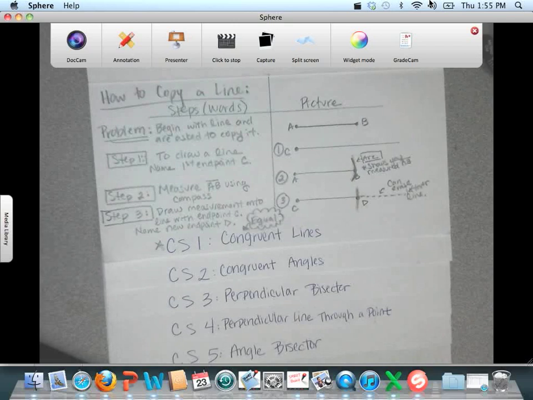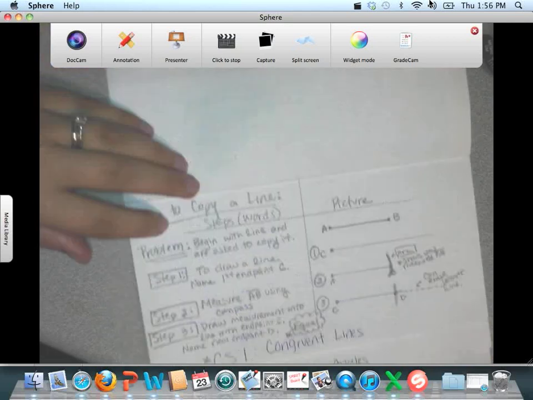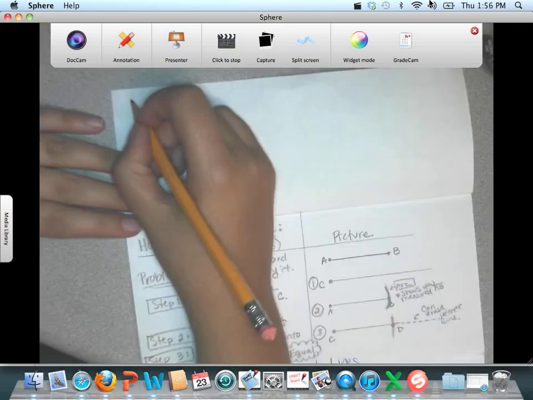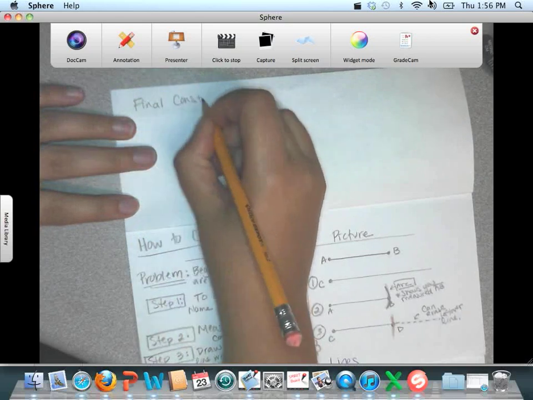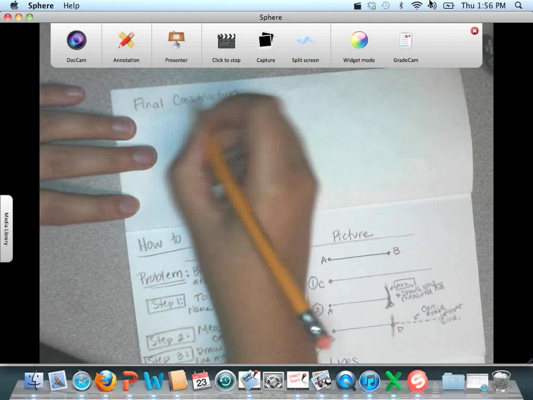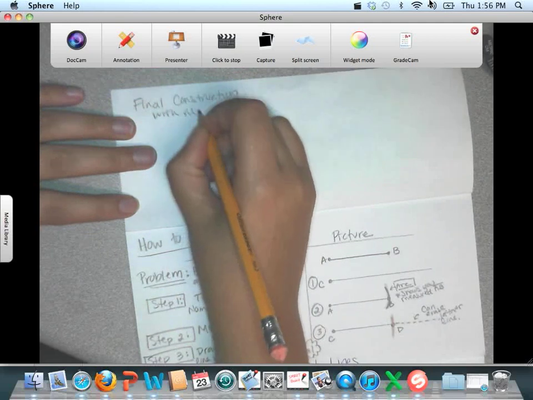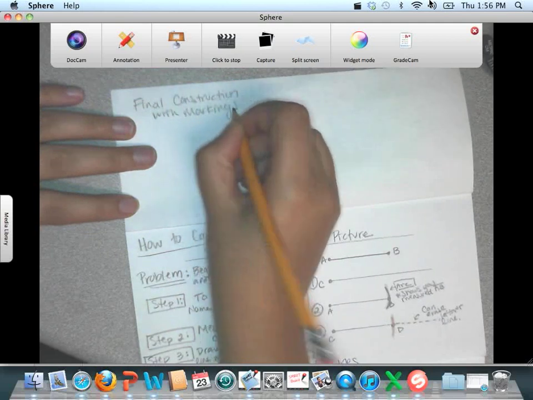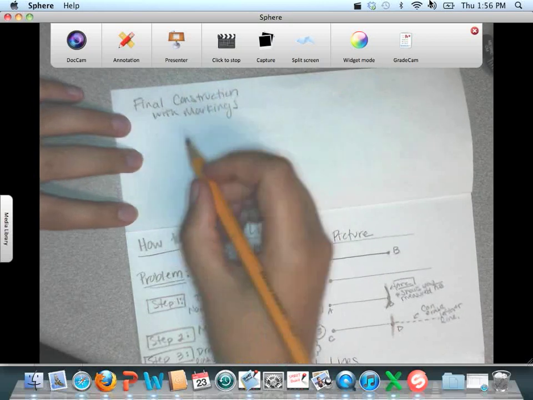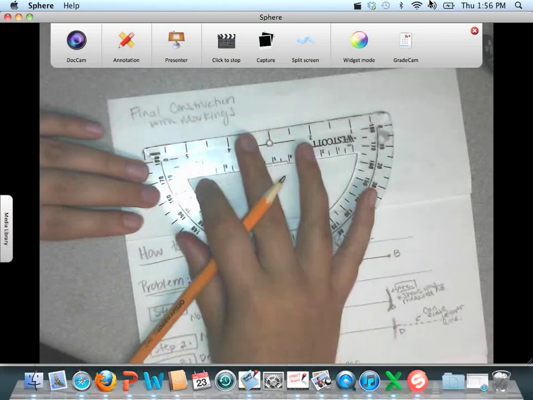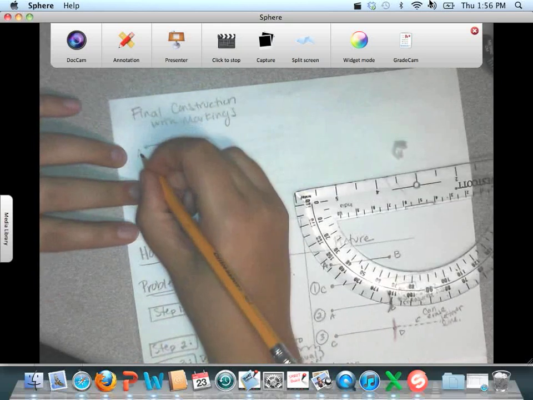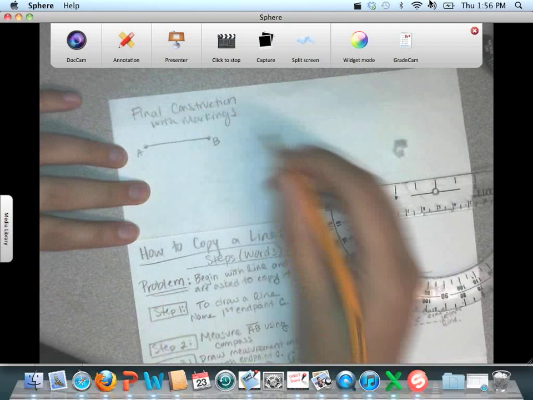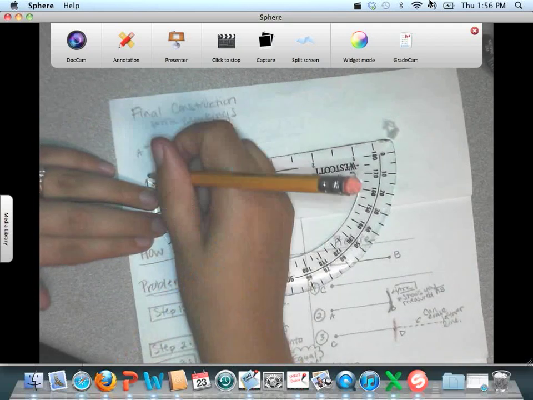And now it's important to realize what the end product will look like, so I'm just going to use my top portion to do that. The final construction, with markings, will look like this. It will have the original, and it will have a longer line.